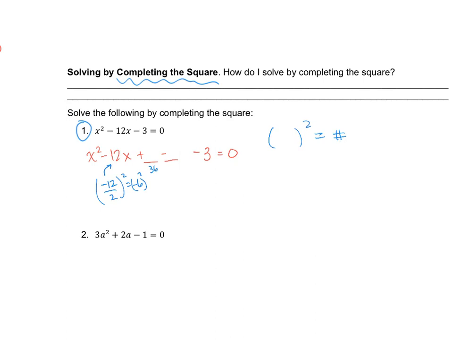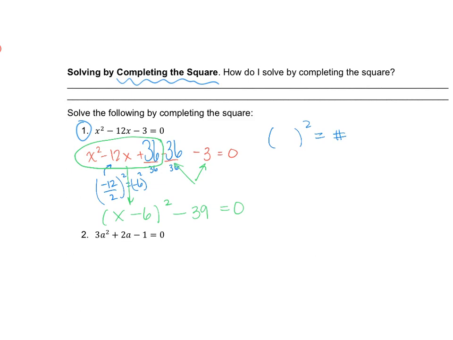So we're going to add 36 minus 36. And again, the reason for doing that is because now these first 3 terms will factor to x minus 6 squared. Negative 36 and negative 3 will be negative 39 equals 0.